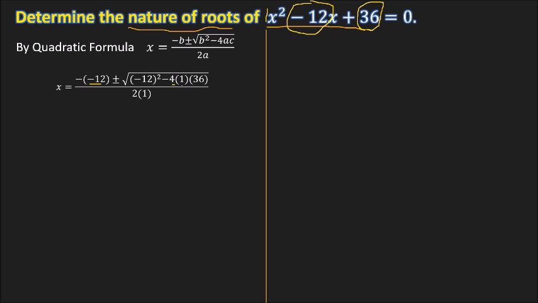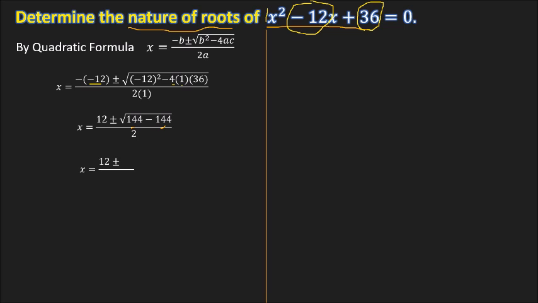So, ito. All over 2a. So, 2 times 1. Simplifying further, we have x equals 12 plus or minus the square root of 144 because negative 12 squared is 144, minus 144, all over 2.